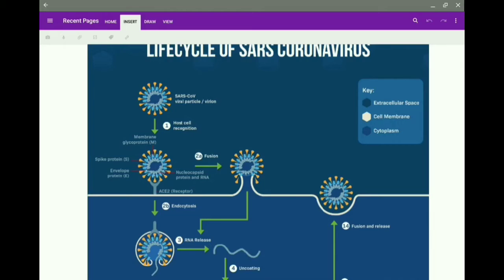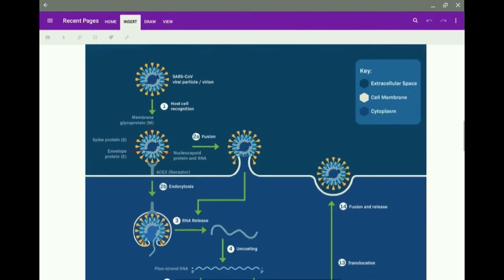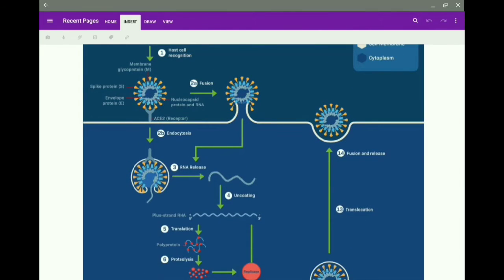The receptor it attaches to is the ACE receptor, the angiotensin converting enzyme receptor. And fun fact, it's the same receptor that the SARS virus back in 2003 was attaching to. So that's the docking point of the virus. They all have the same docking point. Once it has a docking point, it has various ways of going into the membrane of the host.